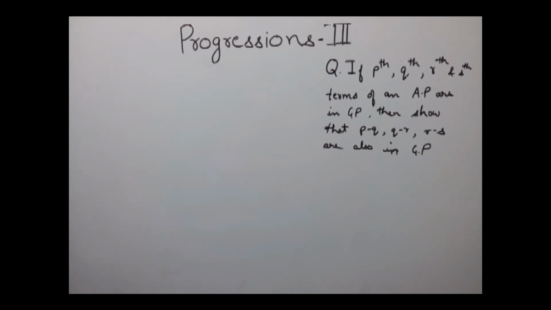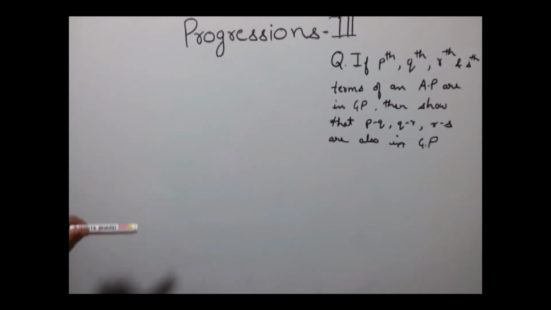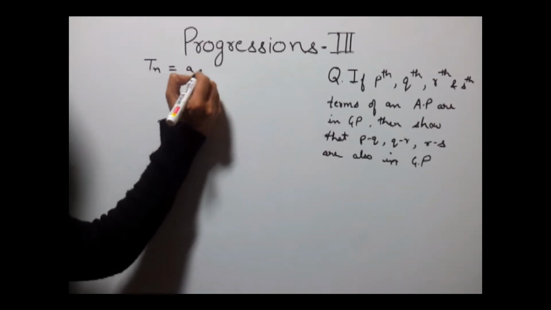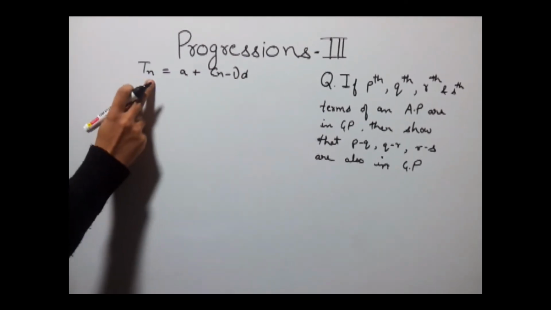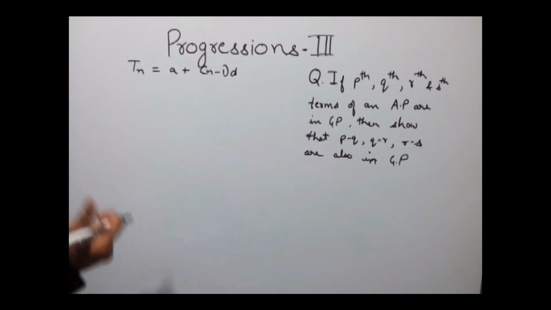So let's solve it. We know that pth, qth, rth and sth terms are in AP, and to calculate the nth term of any AP, the formula is Tn is equal to A plus n minus 1 into D, where Tn represents the nth term, A is the first term, D is the common difference.